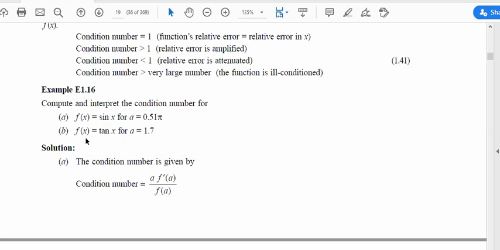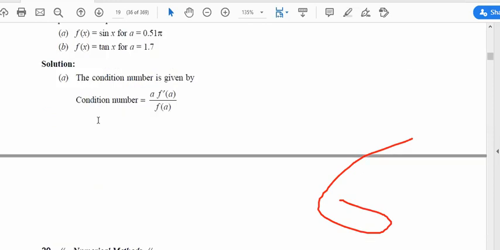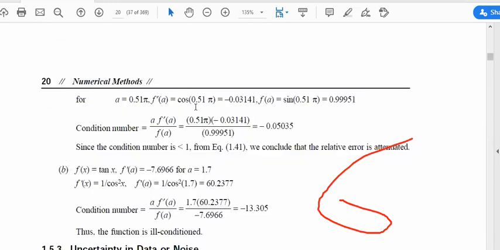The condition number is given by this formula. For a is equal to 0.51 pi, f dash is equal to cos of this, and we simply make the computation. This condition number comes out to be minus 0.005, and since the condition number is less than 1, the relative error is attenuated.